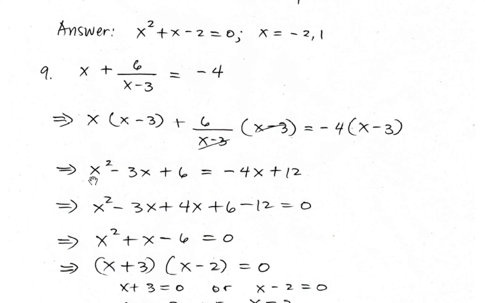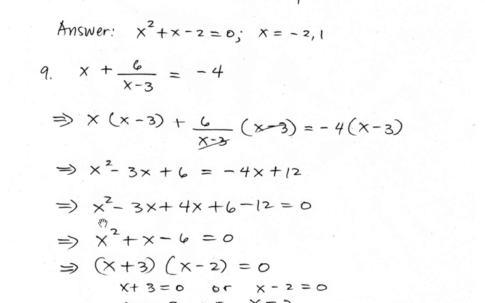Expanding this, we have x squared minus 3x, plus the second term, 6 over x minus 3, multiplied by x minus 3, cancels out. That means we have 6. The right hand side is negative 4 multiplied by quantity x minus 3, which gives us negative 4x plus 12.